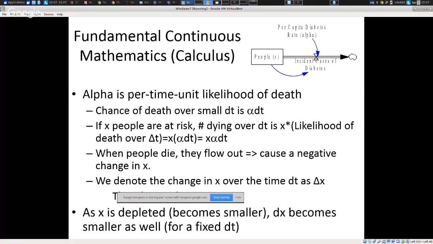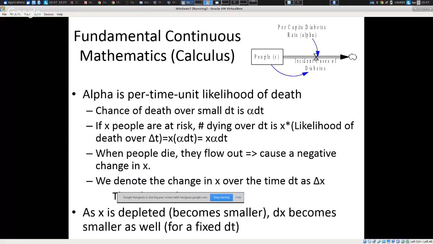So if we have 1,000 people and we have a 1% chance per year of dying, the rate at which people are dying is 1,000 times 0.01, which is 10 people per year.